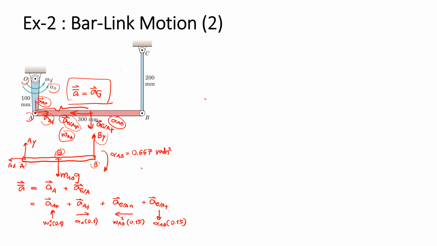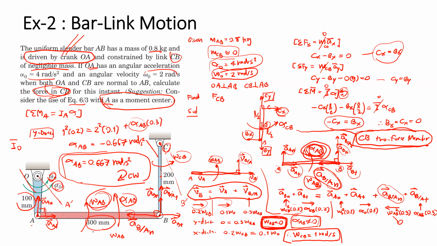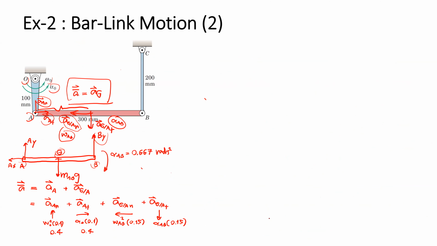Omega 0 square times 0.1 will be 0.4, that is 4 multiplied by 0.1. Alpha 0 gives 0.4. Omega AB is 0. Alpha AB multiplied by the radius will be 0.1.